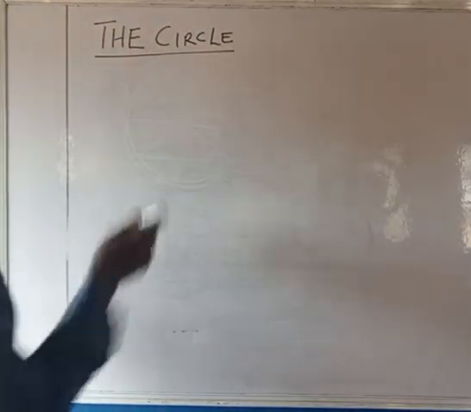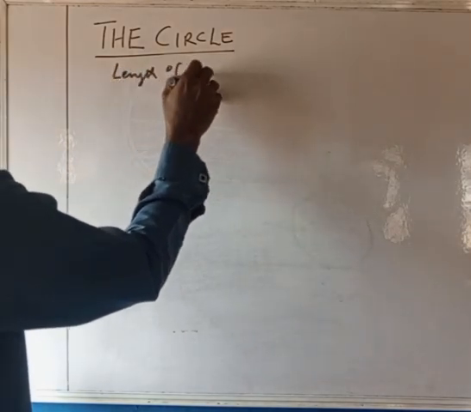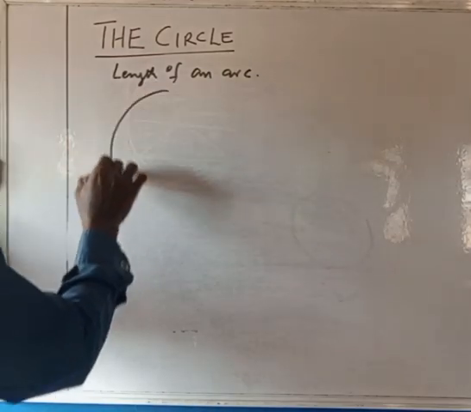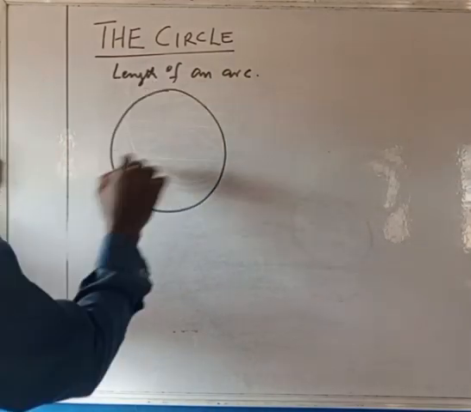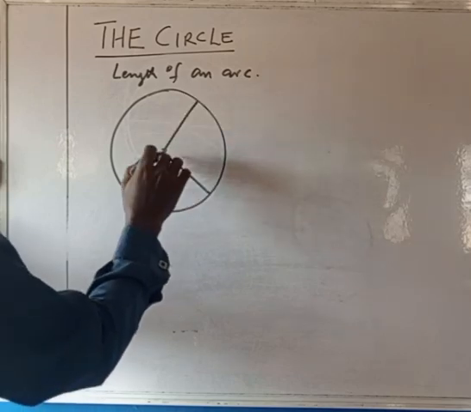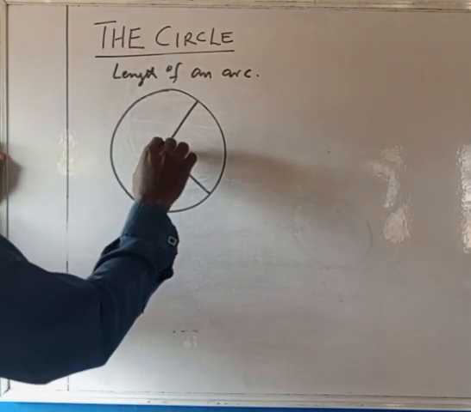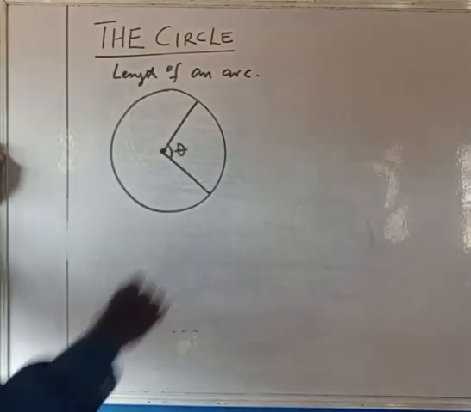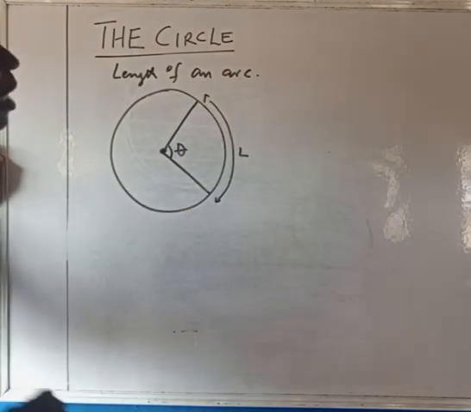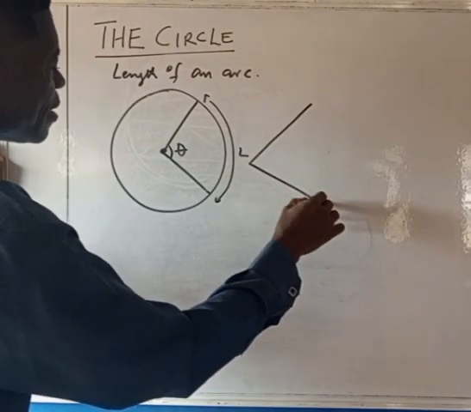Now, the length of an arc. Let me draw this again for us to have a better understanding of what the arc stands for. The angle at the center is 360, but we can carve this one out as theta. Then from here to here is the length of the arc. If I pull it out, I can have it this way.